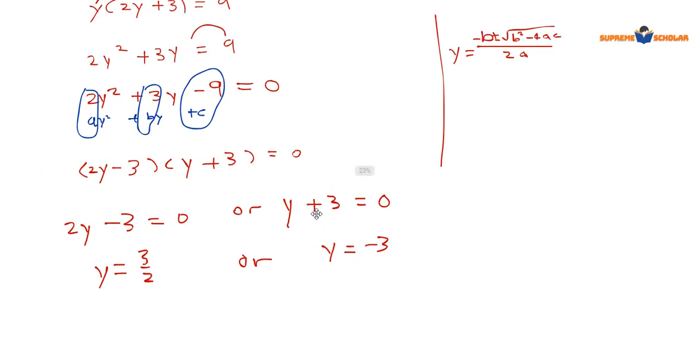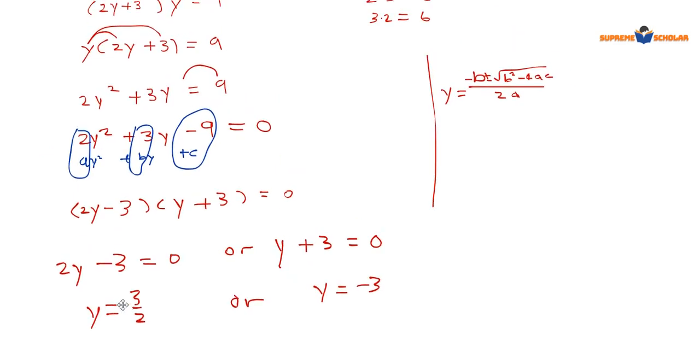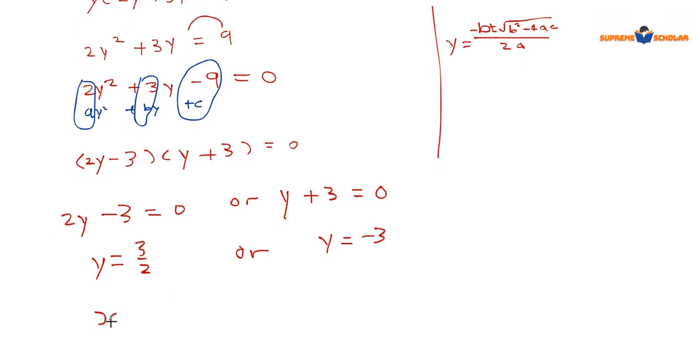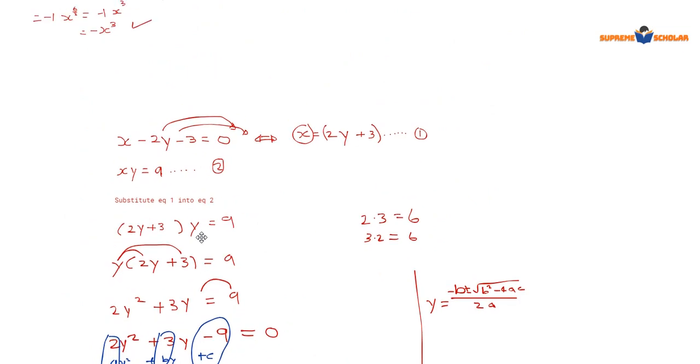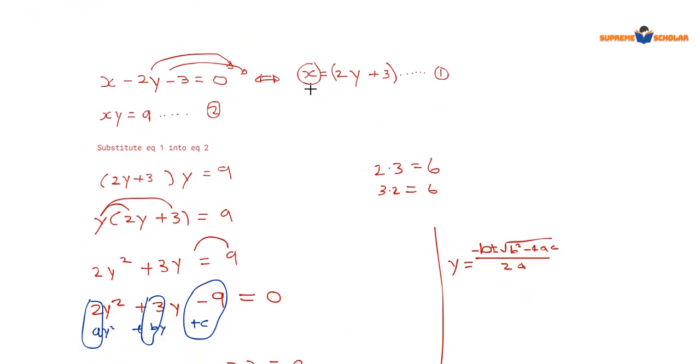And then what we will do is take those values for y. For each value of y, we will have a corresponding x value. So if we substitute the 3 over 2 into one of the original equations above, we could use any one, by the way, but let's use the simplest one, xy is equal to 9.